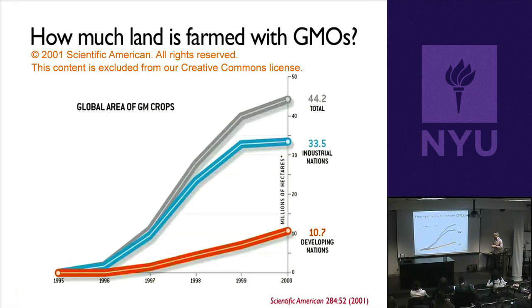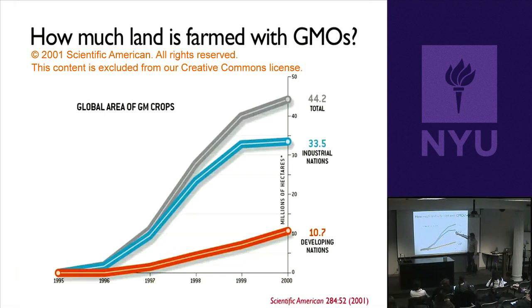Okay, so what you can see is in 1995, there was essentially zero genetically modified organisms being planted. And this took off extremely rapidly. Okay, so within the course of 5 years, the total area planted with genetically modified crops was 44 million hectares.